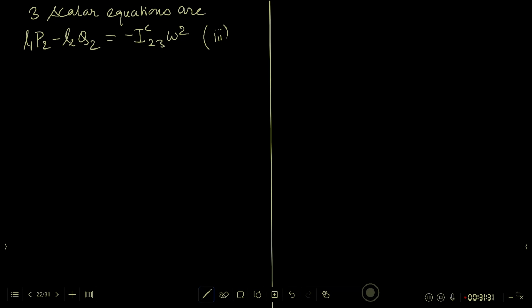L1 P2, L2 Q2, IC23 omega square with a minus sign.